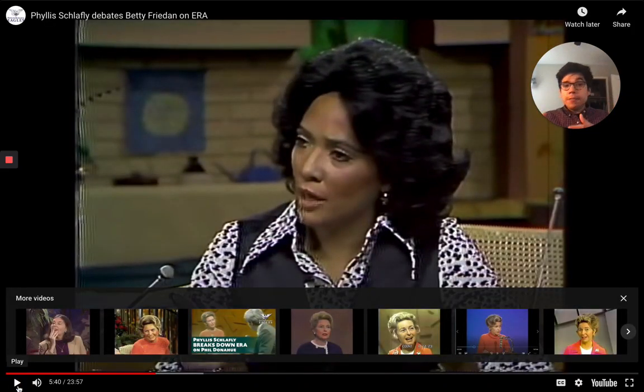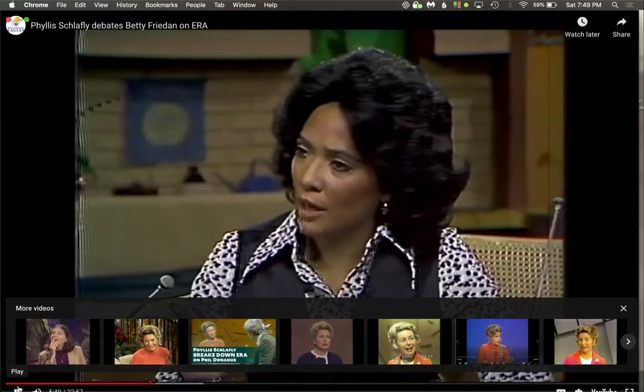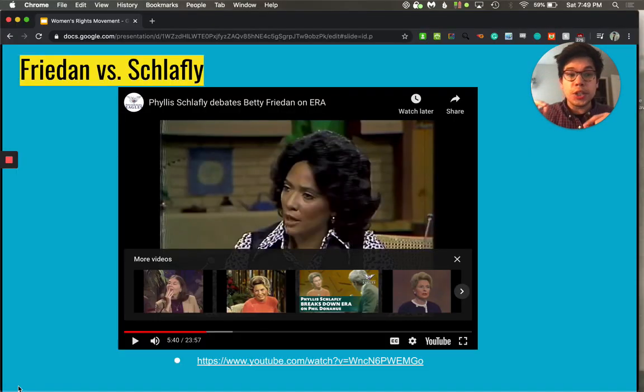What is Phyllis Schlafly saying, right? She's saying that if you enforce equality between men and women, you are basically removing security from women, right? She's talking about the protections that women get from society because they're seen as needing protection.